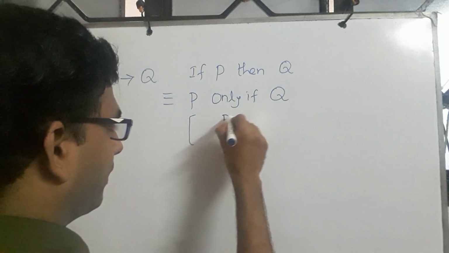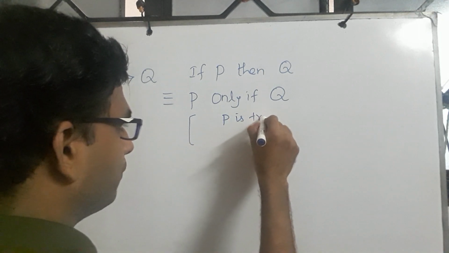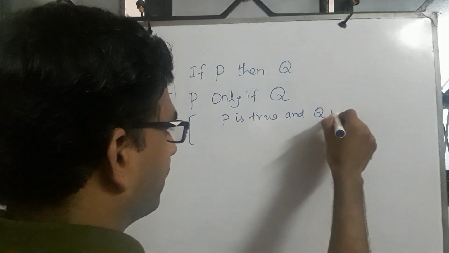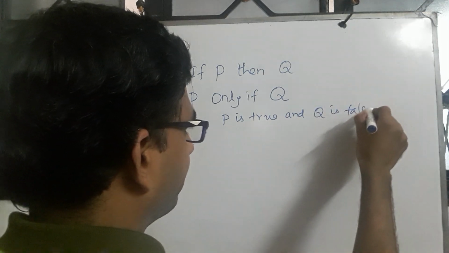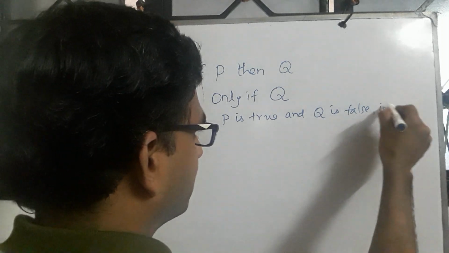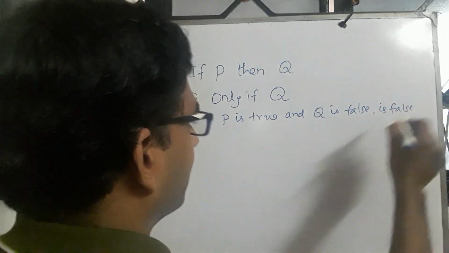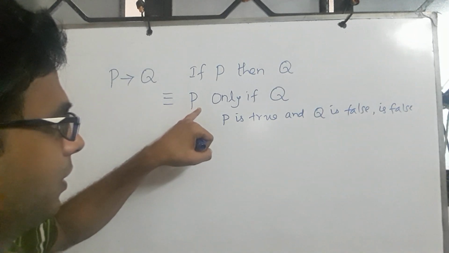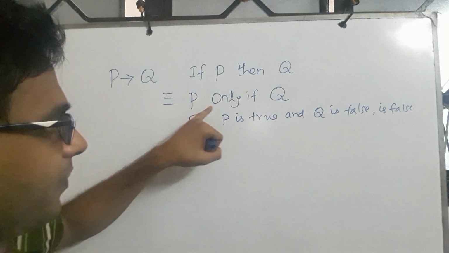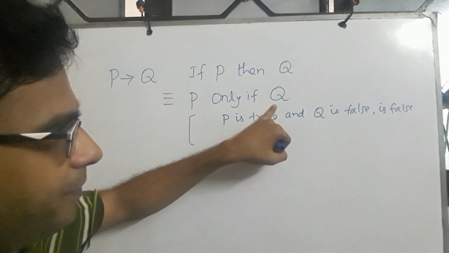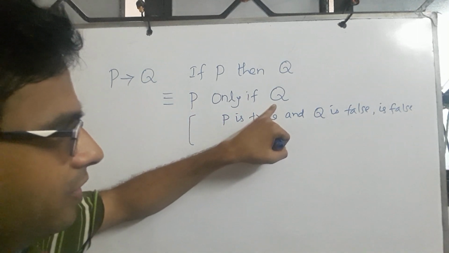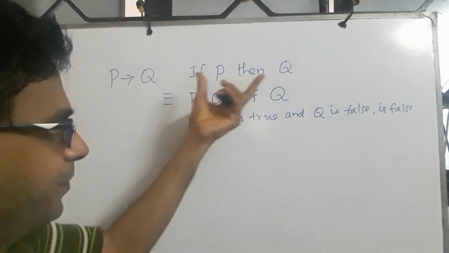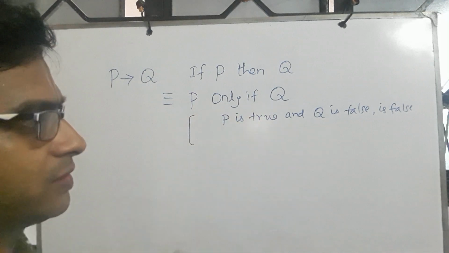So P is true and Q is false. P is happening, but Q is not happening in the context. Then the truth value of if P then Q, or P only if Q, is false.